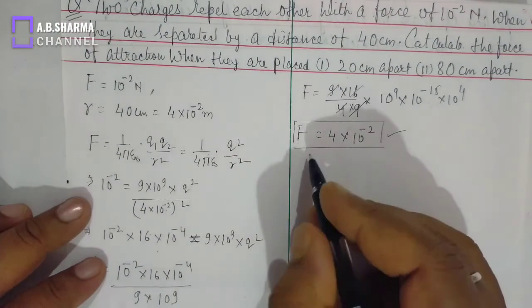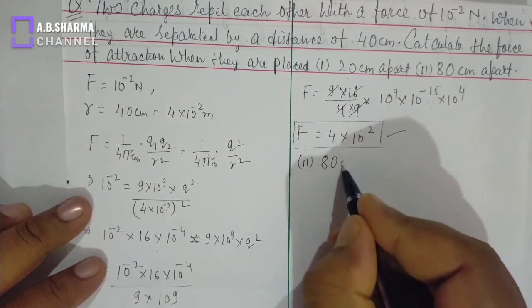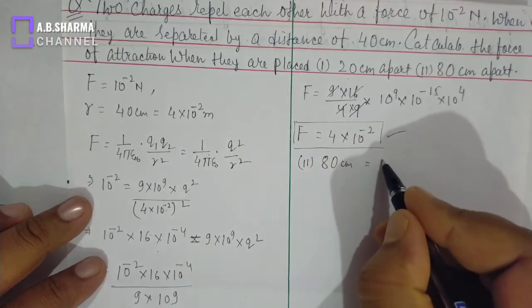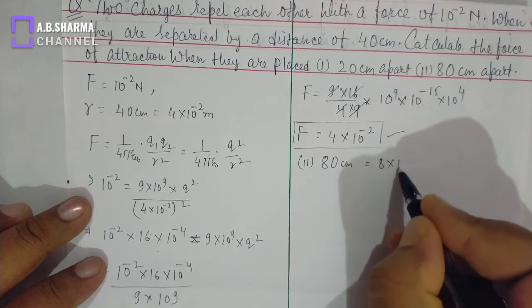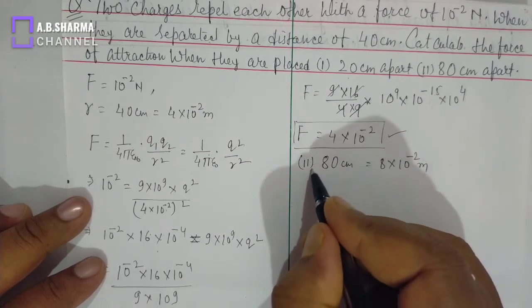Now second answer, when charges are separated by 80 centimeter apart. This is 8 into 10 to the power minus 2 meter when R equals 80 centimeter.